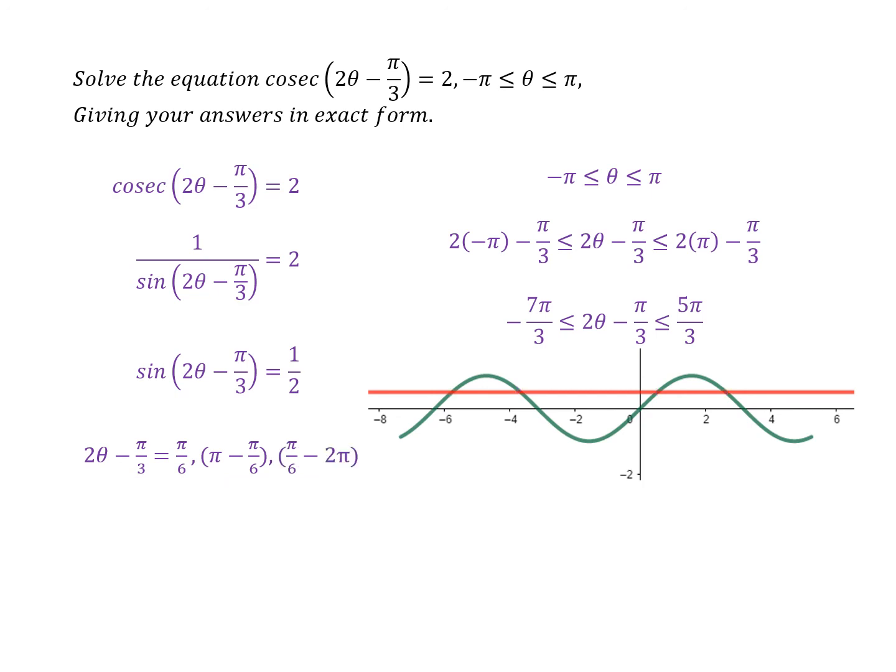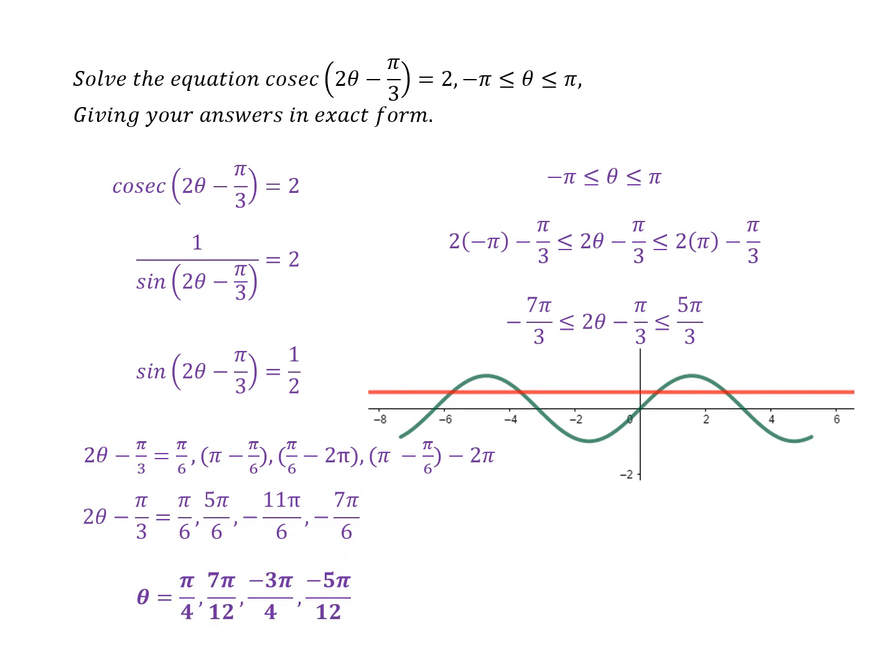So pi over 6 minus 2 pi, and pi minus pi over 6 minus 2 pi. So evaluating each of those, we obtain these 4 values for 2 theta minus pi over 3, and then adding pi over 3 to each of those, and finally dividing by 2 gives us these final answers here. So there we are, a little bit tricky, but all of the answers are in exact form there in terms of multiples of pi. Okay.